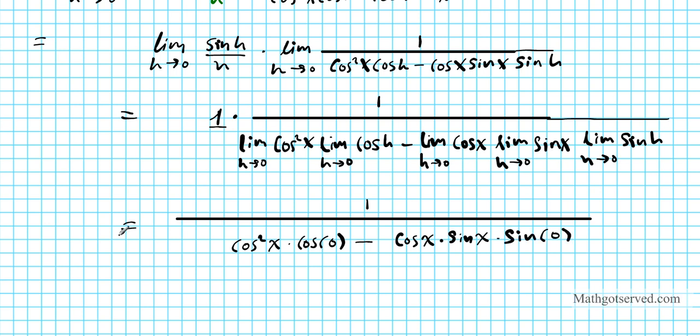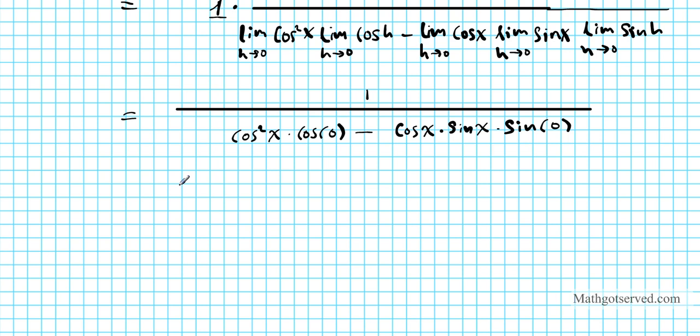Okay? All right, getting there. So that's going to become 1 over cosine square x stays the way it is. Cosine 0 is 1 minus cosine x times sine x. Sine 0 is 0, right? So that's going to close the problem here. So we have cosine x sine x times 0. Okay? So what do you notice happens over here? This is 0.